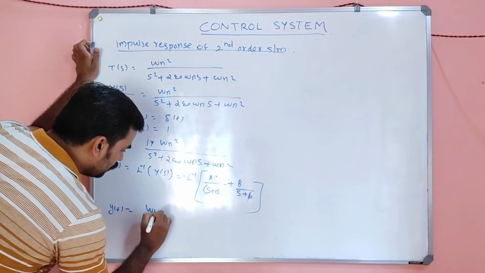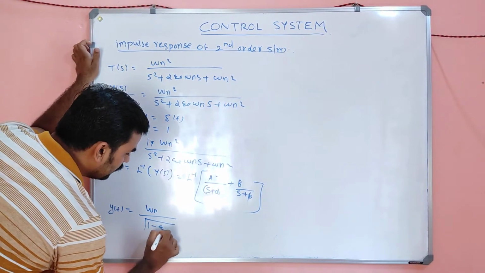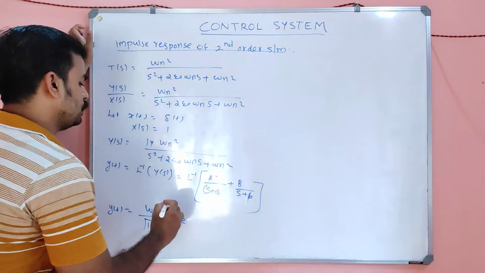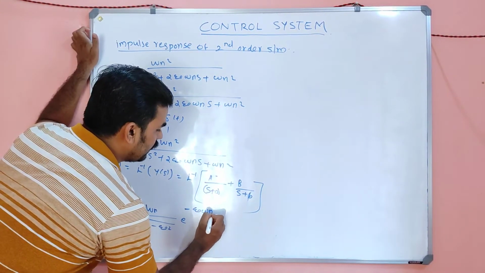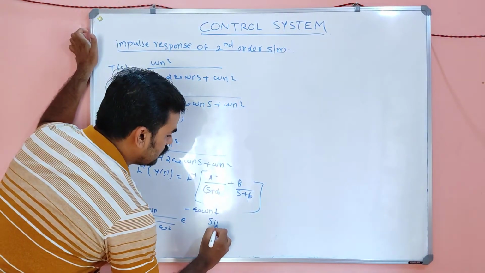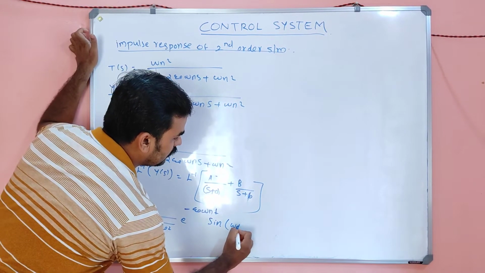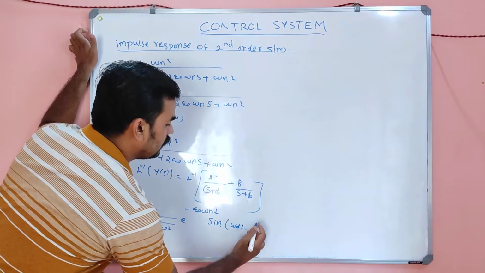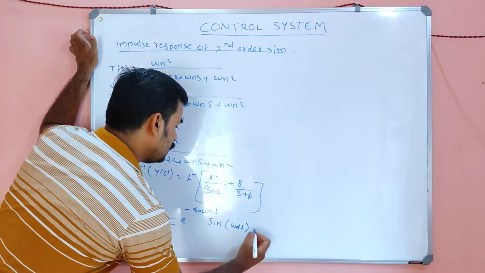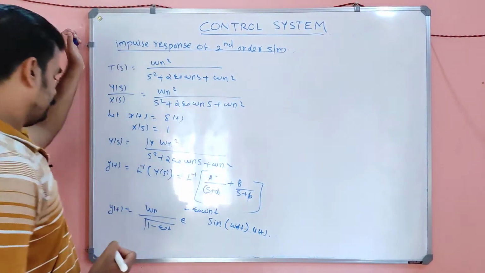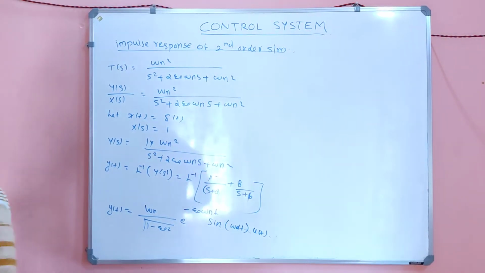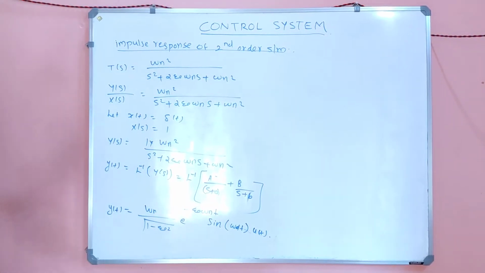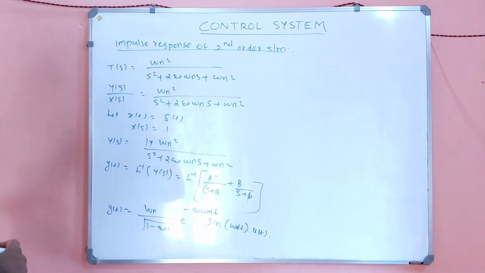That y of t is equal to omega n divided by root of 1 minus zeta square, into e raised to minus zeta omega n t, into sine of omega d t, into u of t.